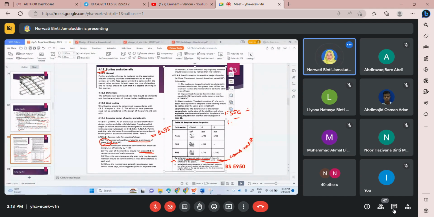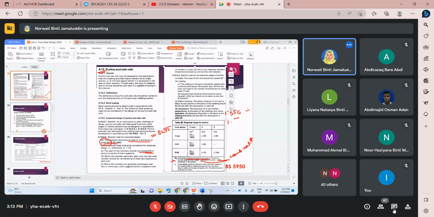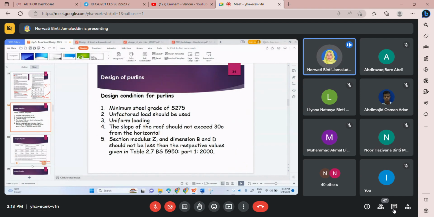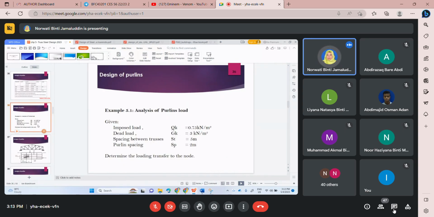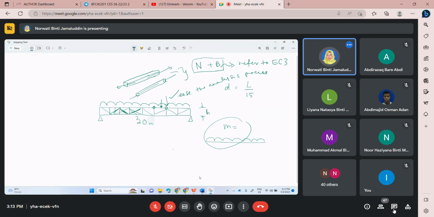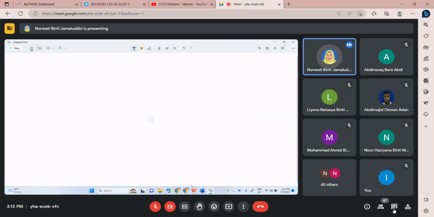Now this one again shows you Table 29. Let's do one example.